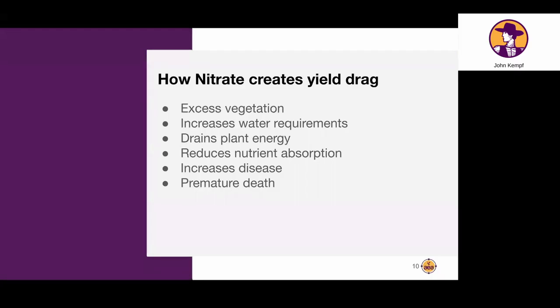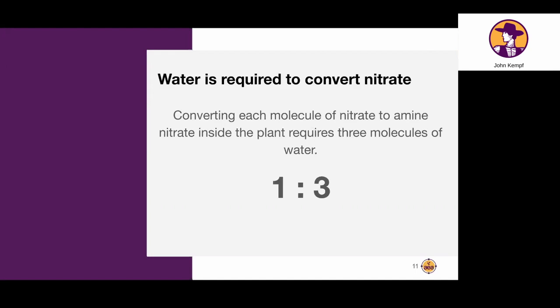In fact, it doesn't do that. It drains a plant of energy. I'll describe why. It reduces nutrient absorption. Here's an interesting one to think about. It increases disease, and it creates a pronounced tendency towards premature death.